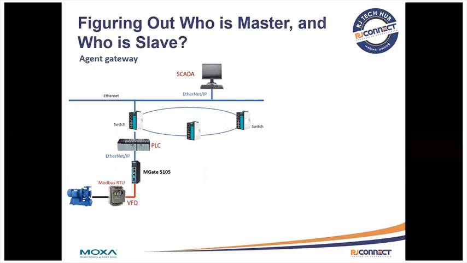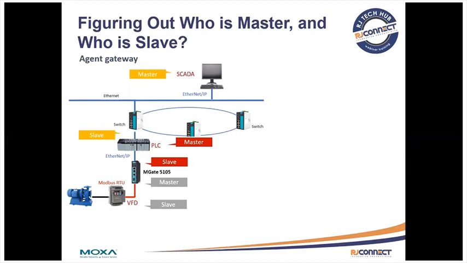In the example where we need to convert from one specific protocol to another type of protocol, we need an agent gateway. In this example, the MGate 5105. The MGate becomes a master on the RTU side, but a slave to the PLC, which is a master.